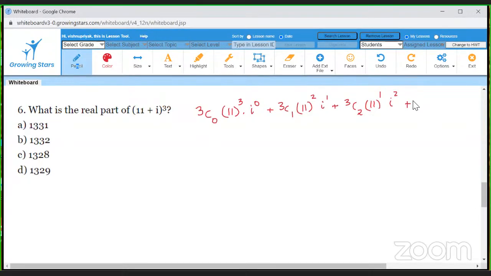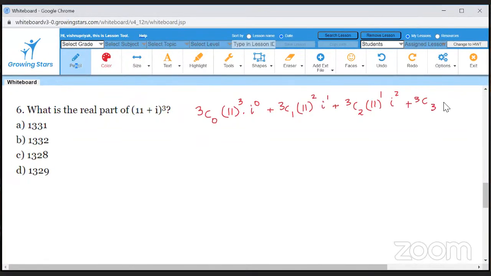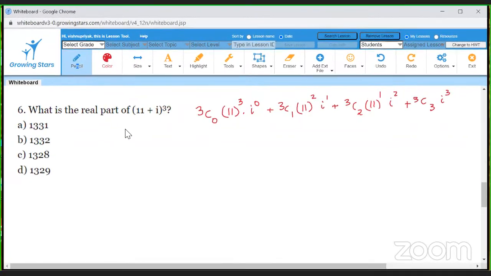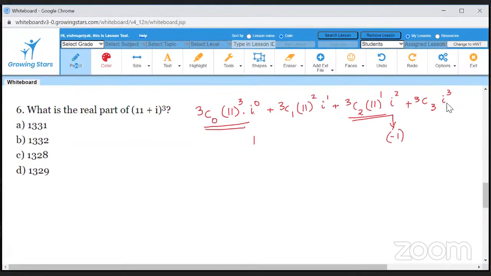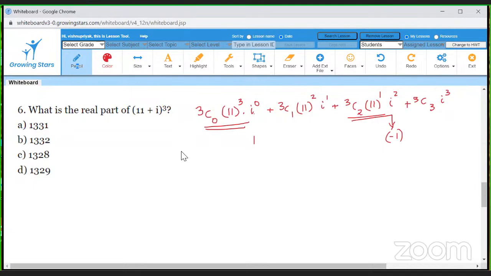And then 3C3, no 11, I cube. This will be a real part because I power 0 is 1. This will not be a real part. This will be a real part because I square is minus 1. This will not be the real part.